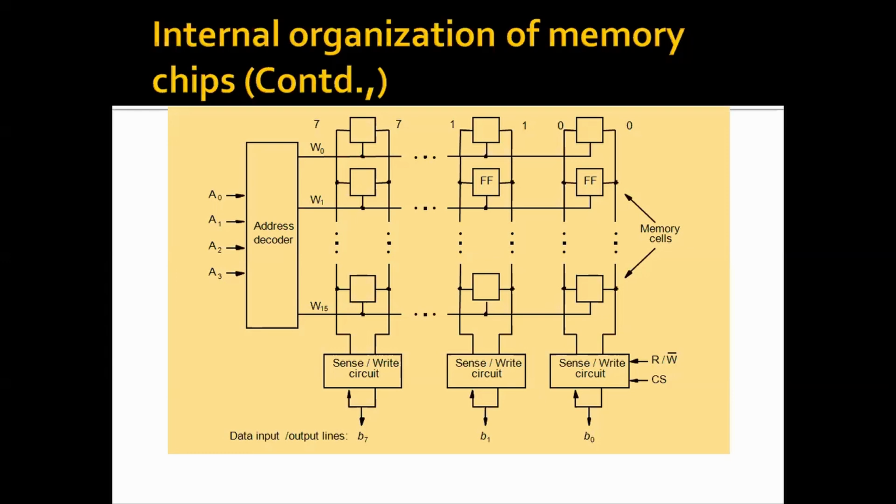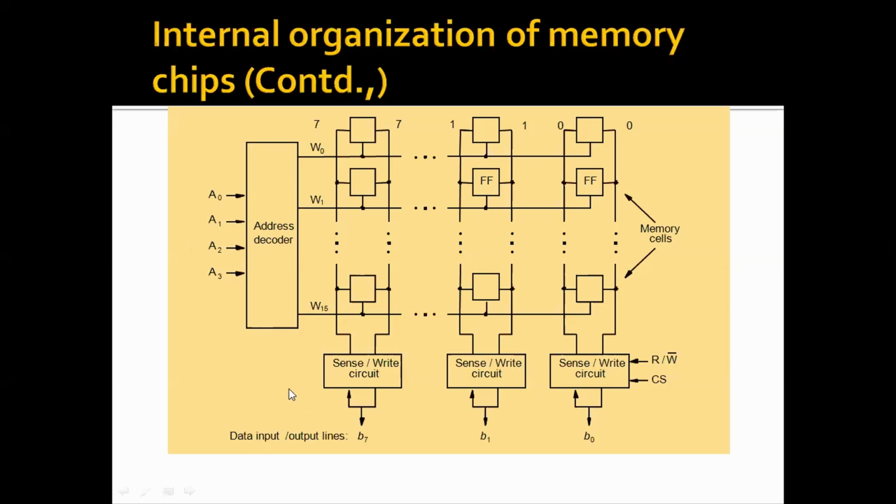These circuits can be organized as 128 by 8, requiring a total of 19 external connections. Alternatively, the same number of cells can be organized into a 1K by 1 format. So this is how it has been organized for the internal organization of memory storage.